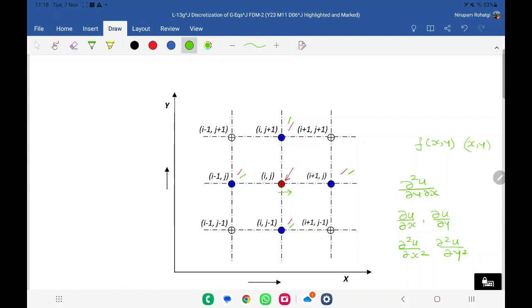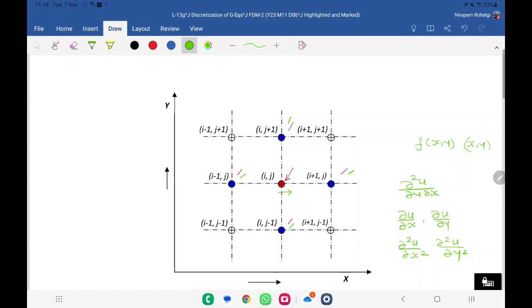So at whatever point you are finding the derivative, you must know that point and the function at that point. While when you are talking about these, they are in terms of algebraic equation.